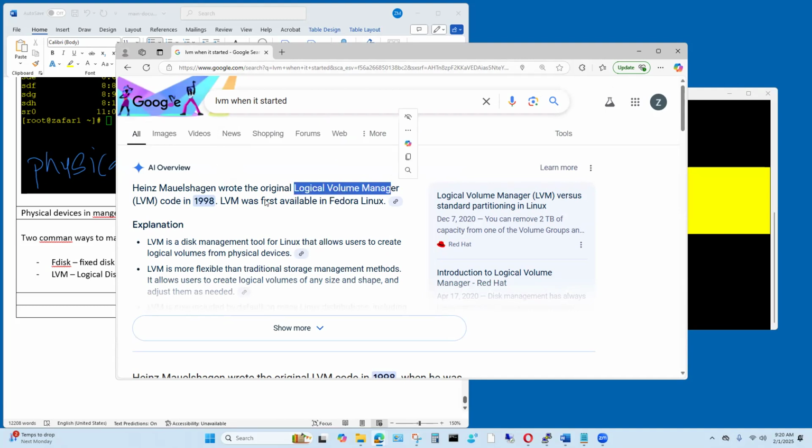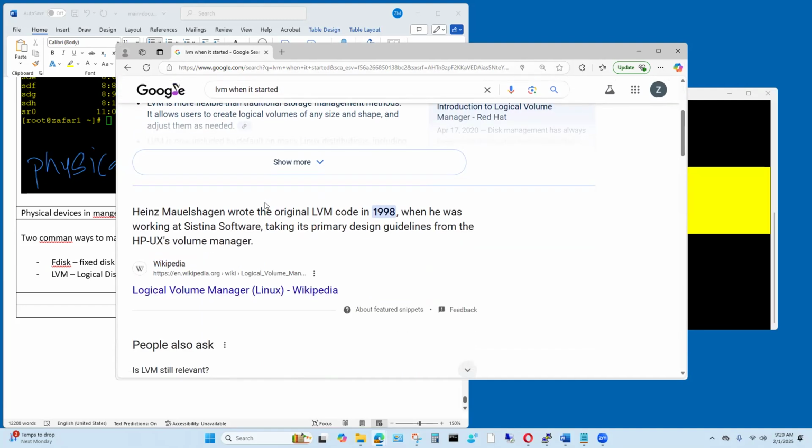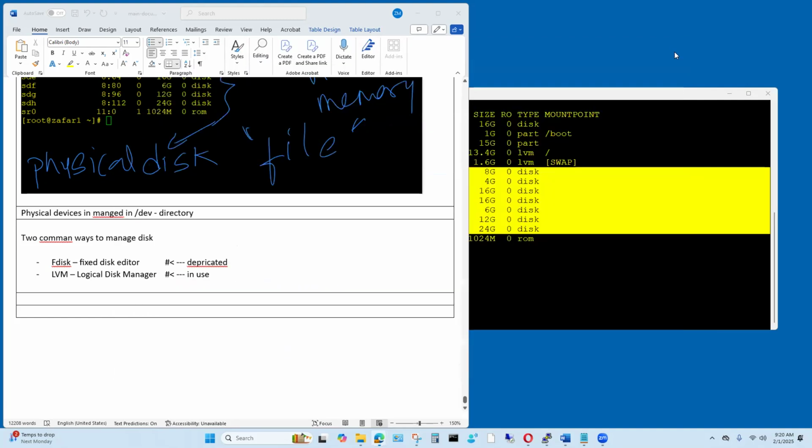So, logical volume manager. We're gonna learn only LVM.